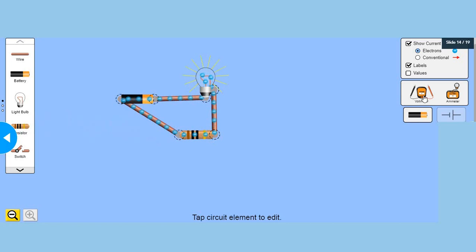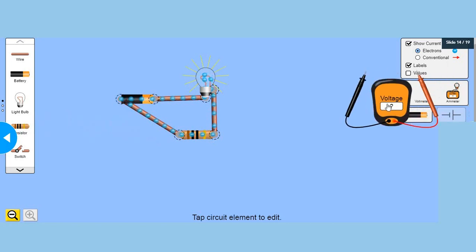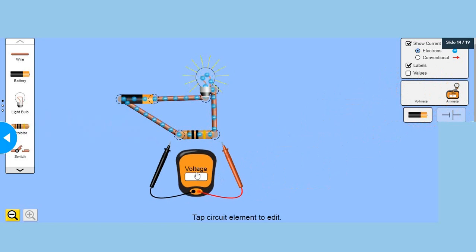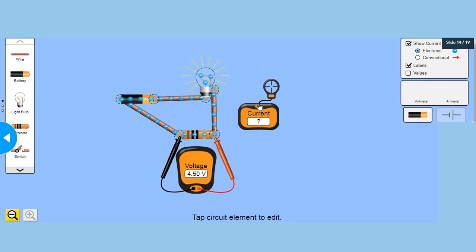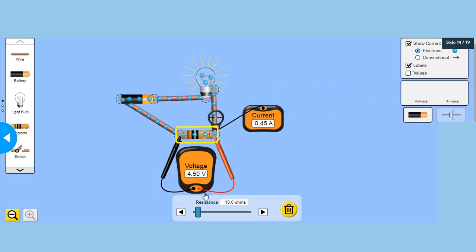We can measure the voltage: four and a half volts over this resistor. We can also measure the current, which is 0.45 amperes.